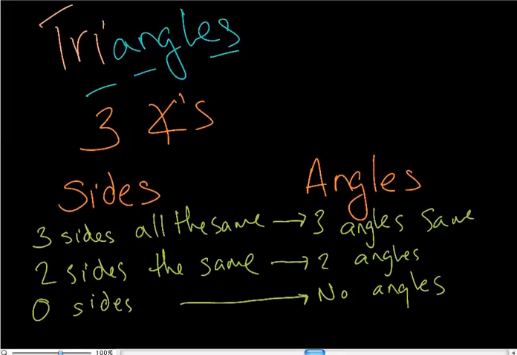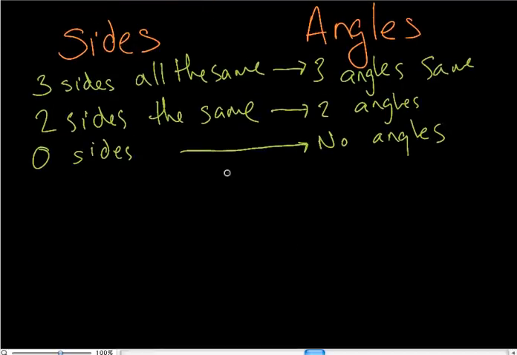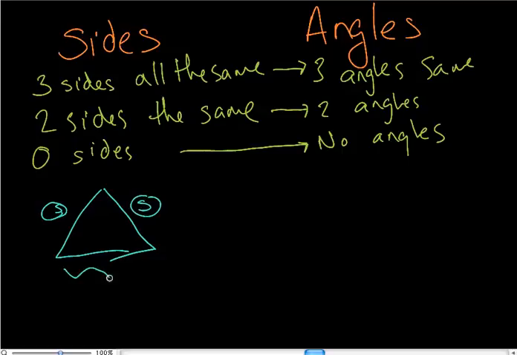So what is a triangle that has three sides that are the same? Let's take a look at that. A triangle has three sides that are the same length. They're all supposed to be the same length. Well, this side is side S. It has a length of S. This side has a length of S, and this side has a length of S. They all have a length of S, which really implies that, well, let's look at this.